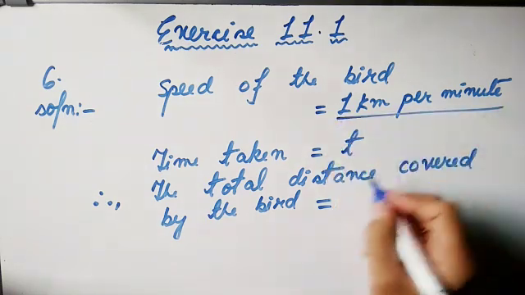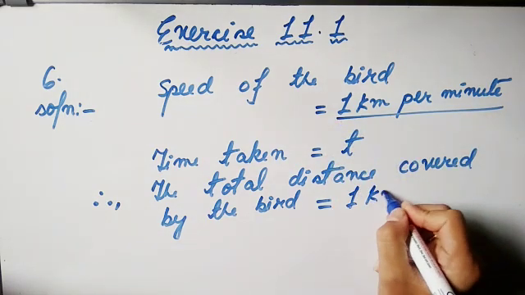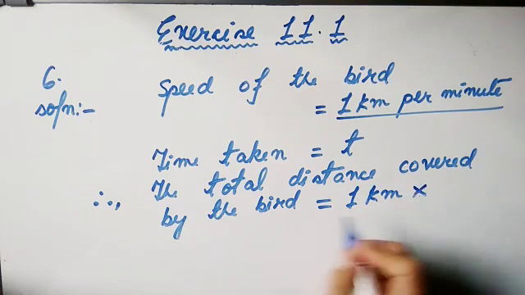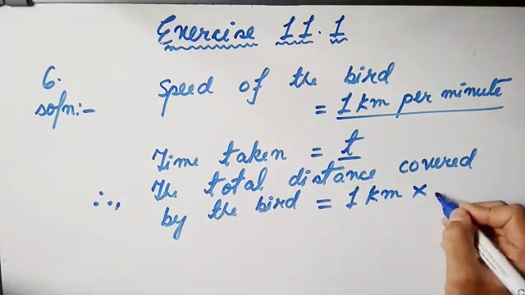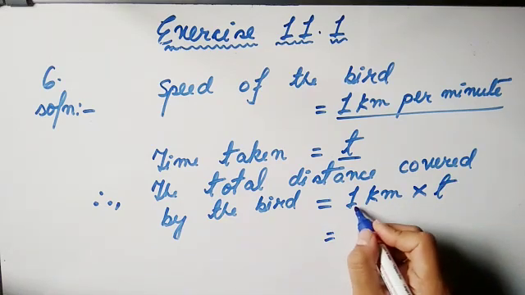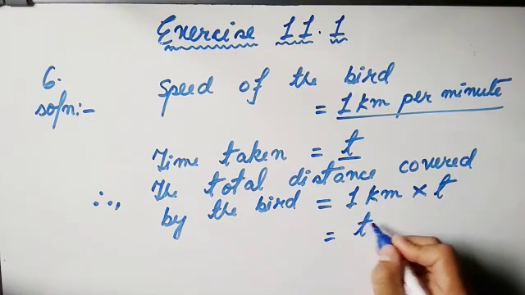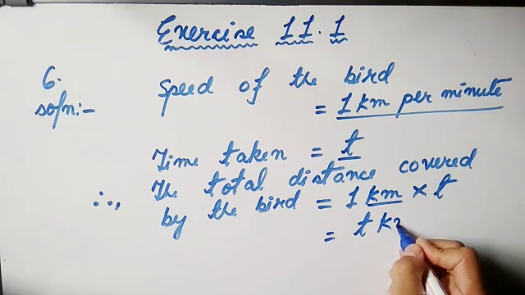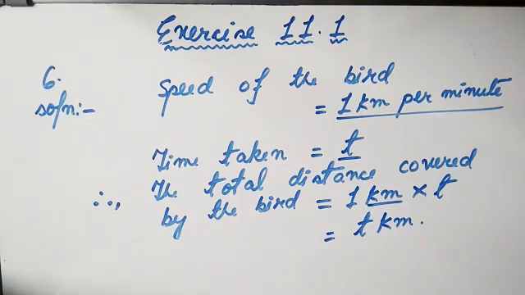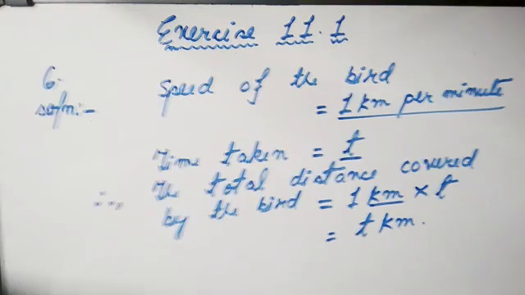The speed is given here, 1 kilometer into time. The time taken is t. So 1 times t is t. So the final answer will be t. And the unit is kilometer. t kilometer. Understood?